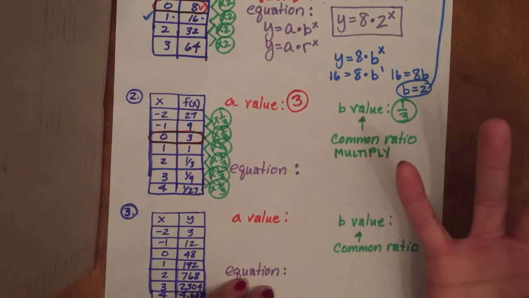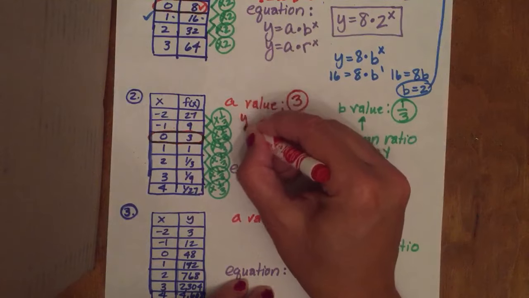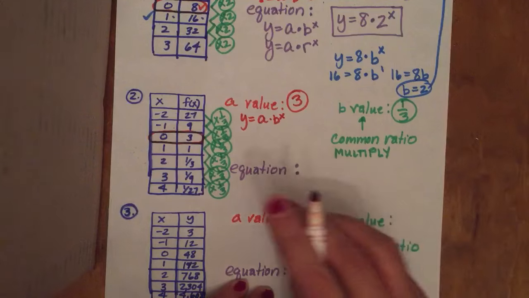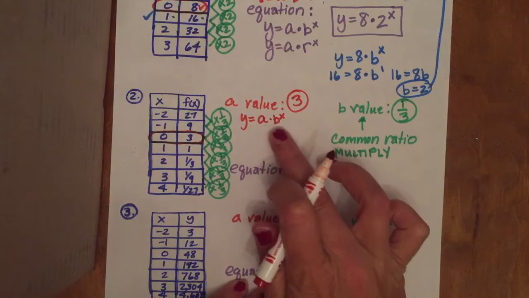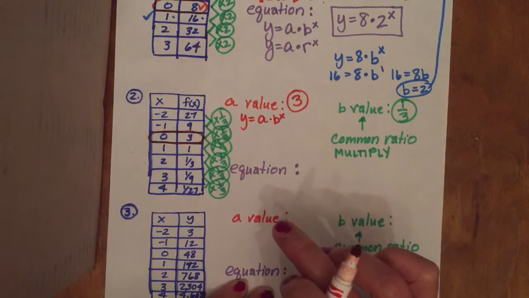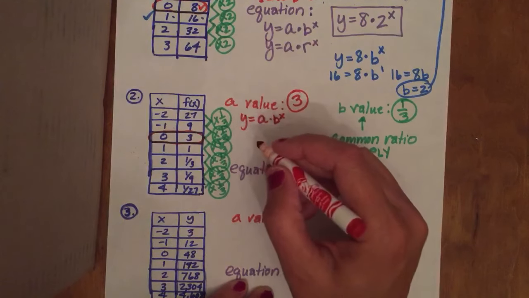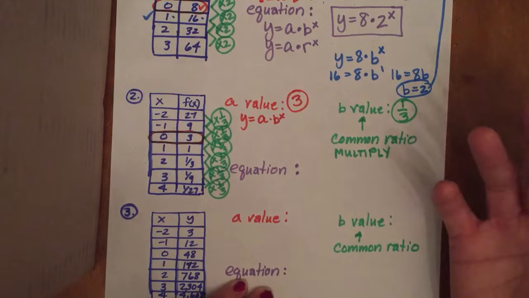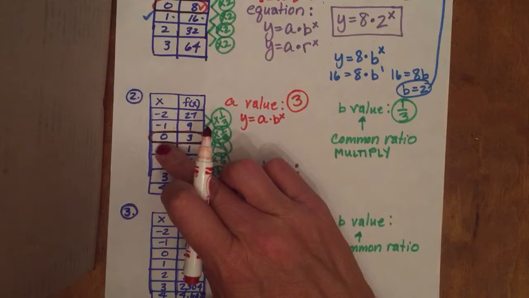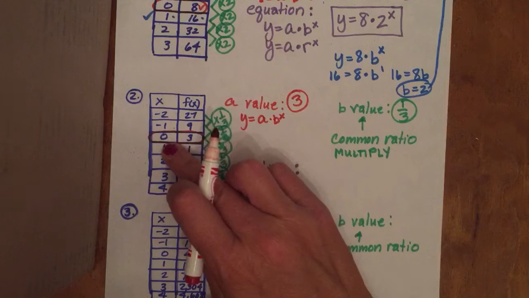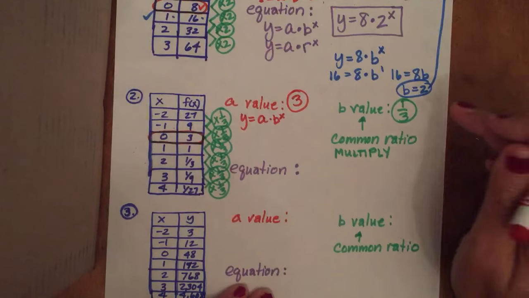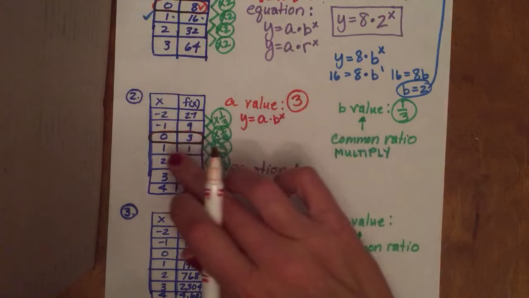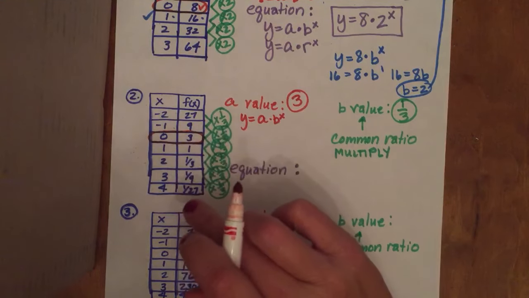If you want to see how we come to that again, remember your exponential functions are y equals a times b to the x. We know our b value is 1/3. Okay, so I can plug in my b value and solve, or I can pick this value here, 0, 3, plug in the x and the y, and see what I come out with. So in this particular equation, let's pick 0 and 3.